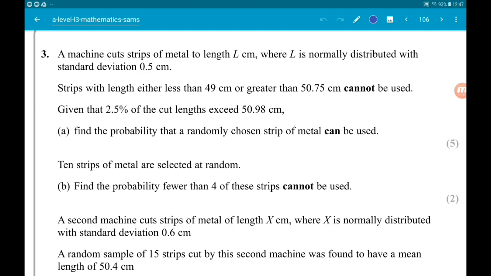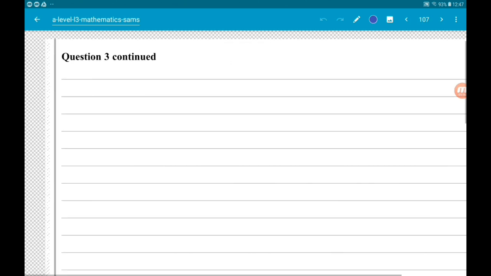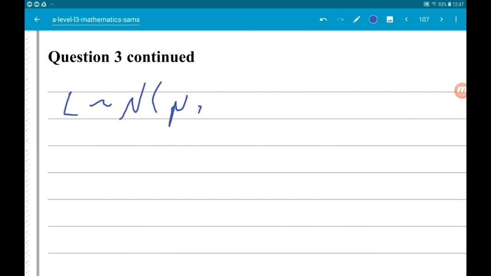So, we know then that L is normally distributed, and we don't know the mean, so it's mu, and the variance is 0.5 squared.